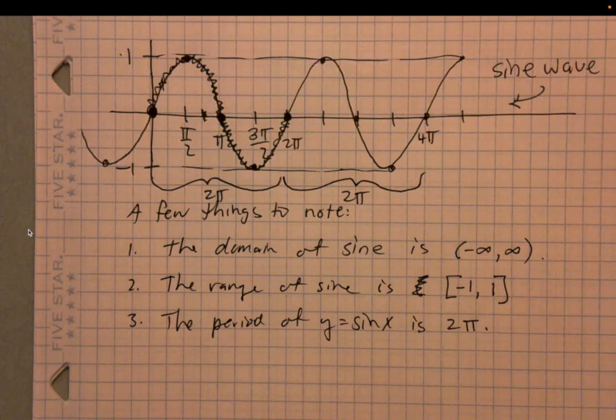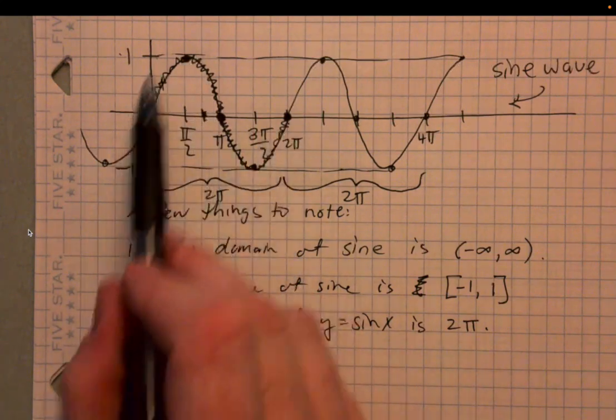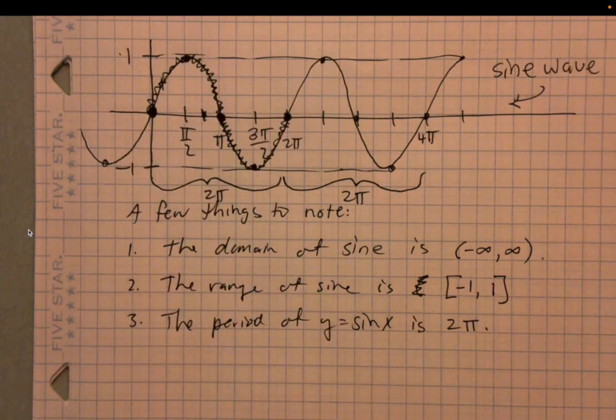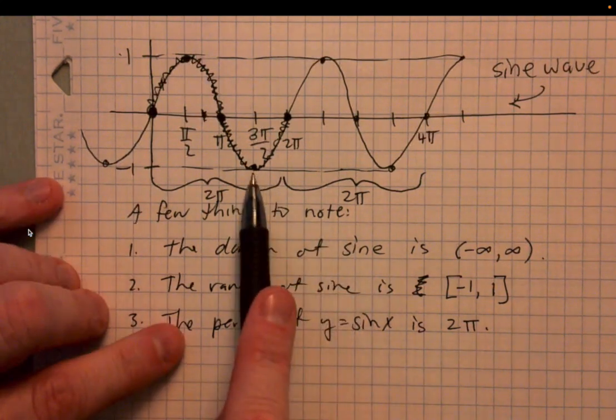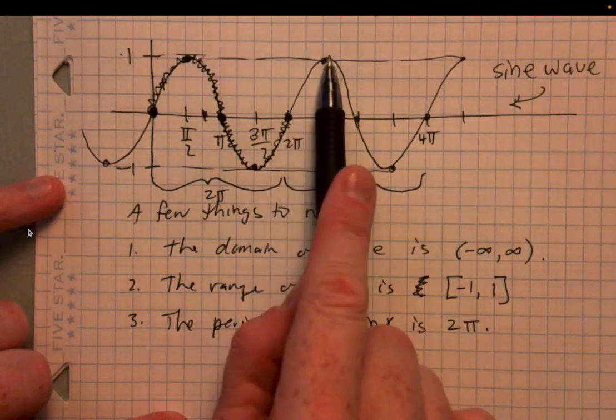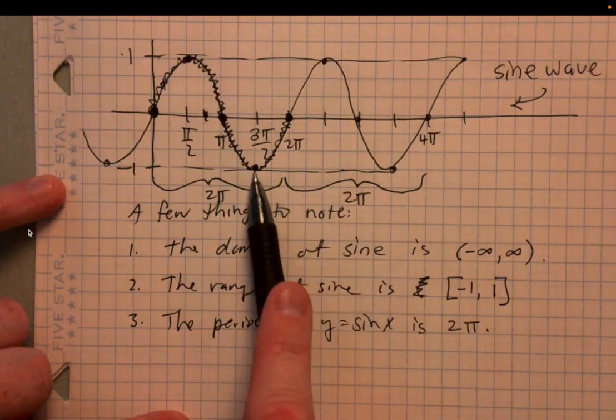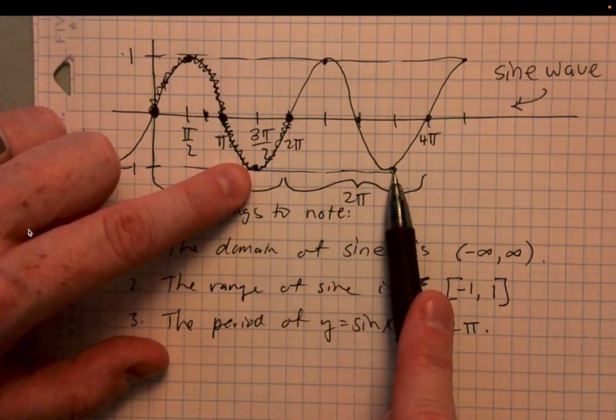Right? So that's what we mean when we say that the period of the sine function is 2 pi. It repeats itself after it goes 2 pi radians. Right, and this would be true no matter where you start. Now think about this. If I start here, then I go up, down, and then I start over. And from here to here is also 2 pi.